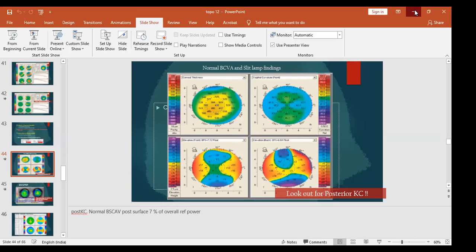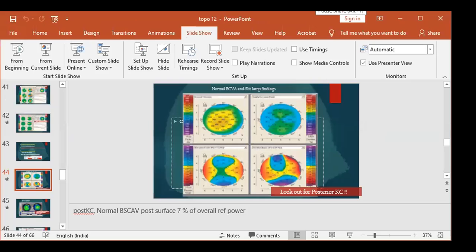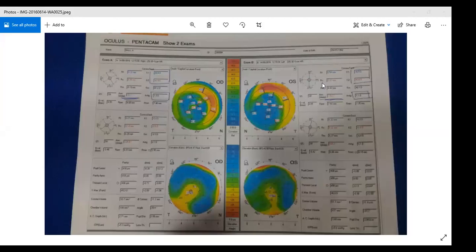Now, can you see my screen? No. Your PowerPoint presentation is going on, minimized in the presenter mode. Now we can see your screen. Now we can see the image of the patient.